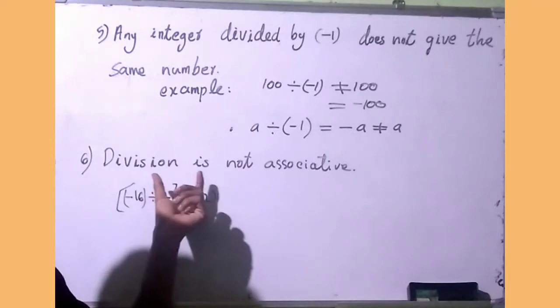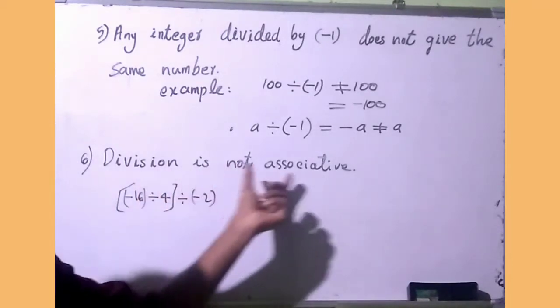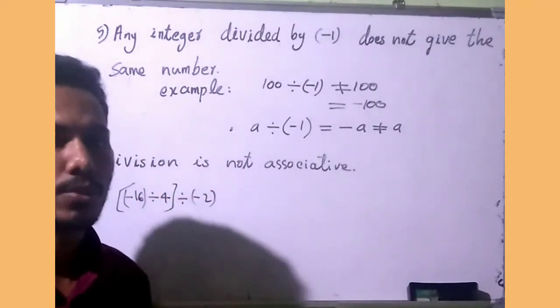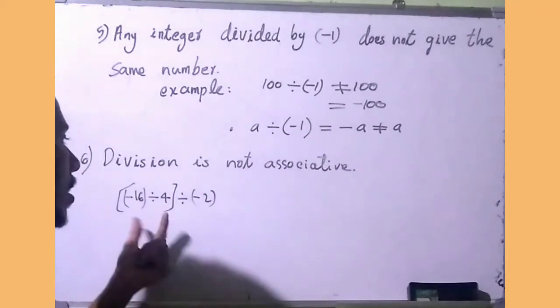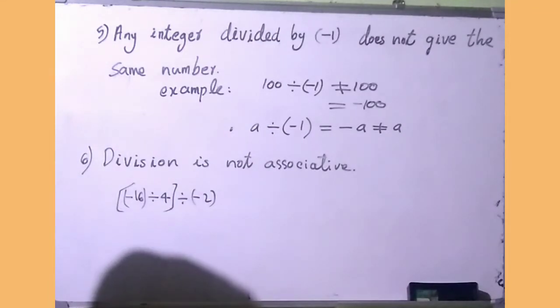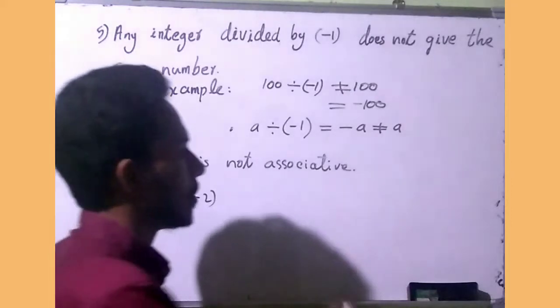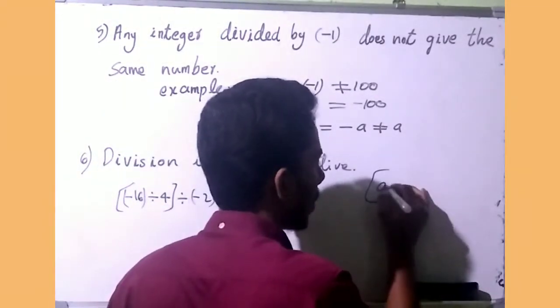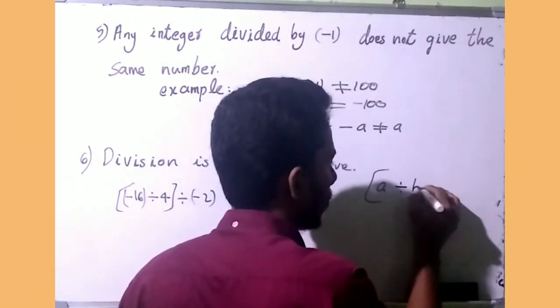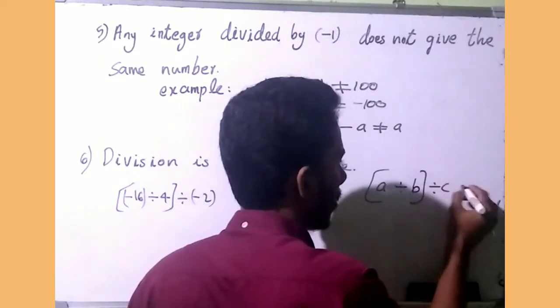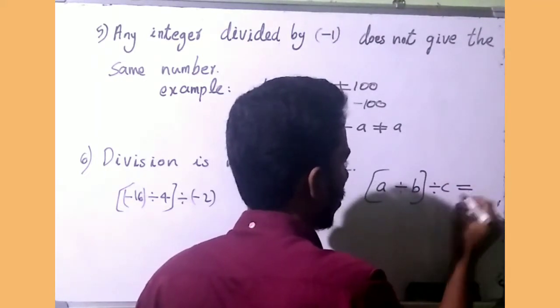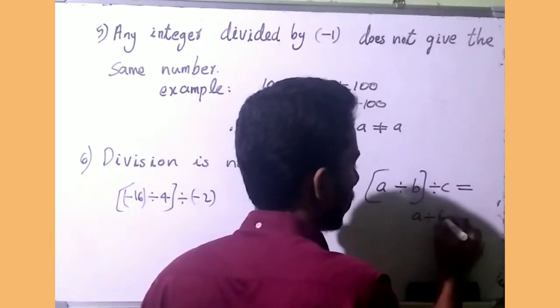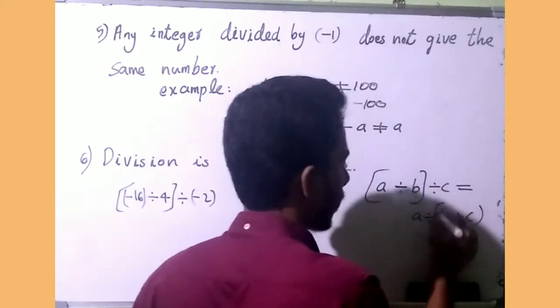Then the last property of division: division is not associative. Just listen here. We already studied the associative property. Associativity means A divided by B divided by C is equal to A divided by B divided by C, grouped differently.